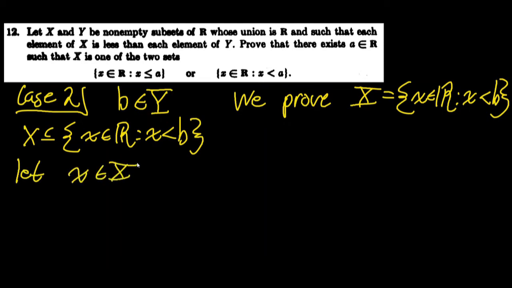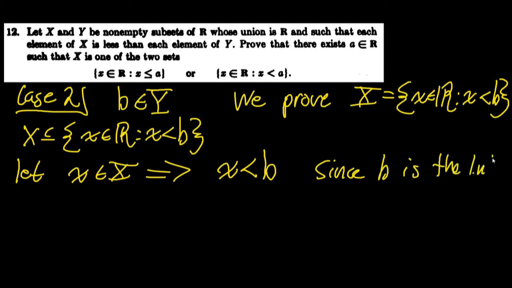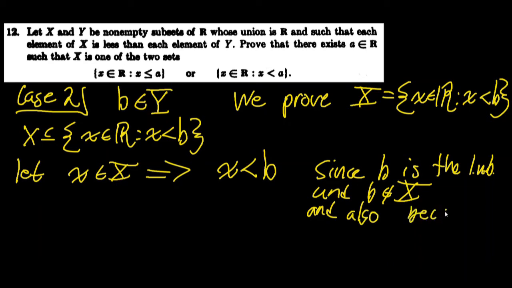So to do this, let x be in X. This implies that x must be strictly less than b, since b is the least upper bound and b is not in X, but really we can also say this fact because b is in Y, and each element of X must be strictly less than each element of Y. So since b is in Y, we didn't even need this part.